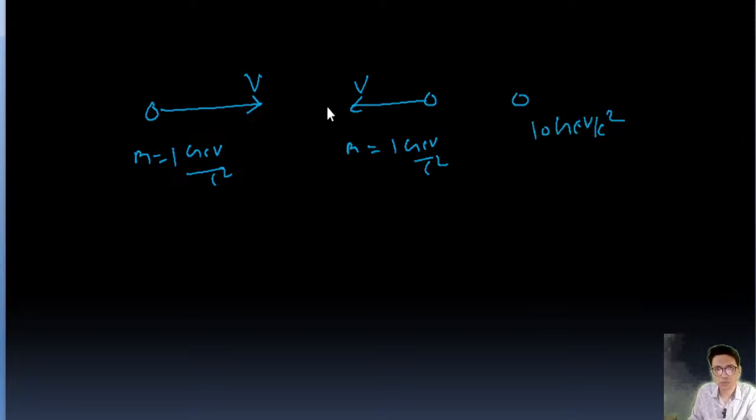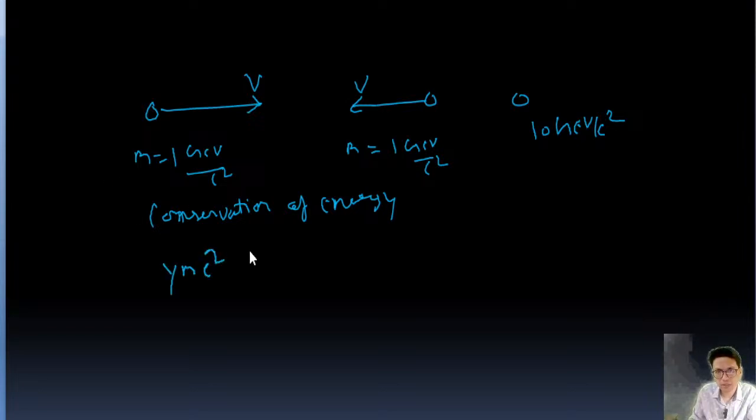Now we are going to use conservation of energy. So we know that gamma mc square plus gamma mc square is equal to capital M c square.